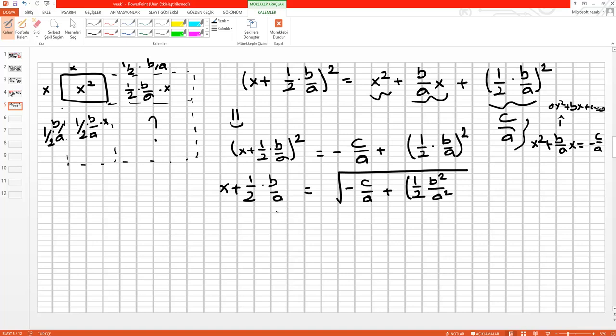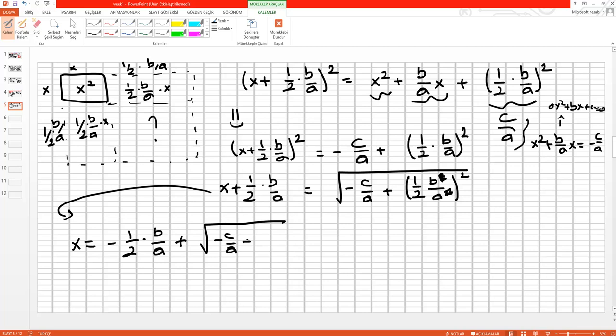And after that we can say this term squared, right? And so x is equal to minus 1 divided by 2 b/a plus or minus the square root of minus c/a plus (1 divided by 2 b/a) squared, right?